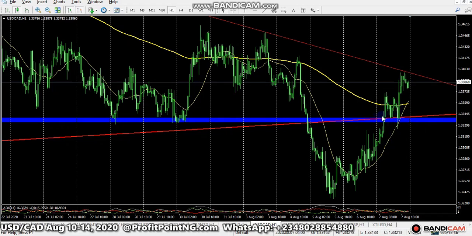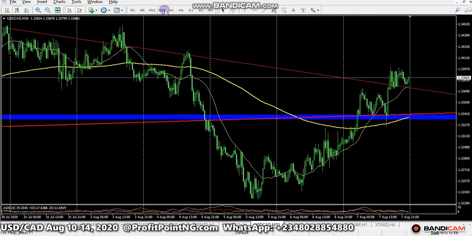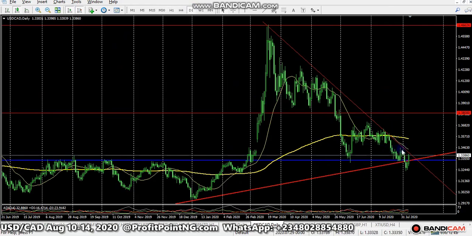Now, here's my take on USD CAD for this week. Look closely at this on the lower time frame. My take is this: if we are able to have a daily close, that is a close on a daily basis, above this upper boundary of the wedge pattern, then I might resume my bullish bias on this pair.